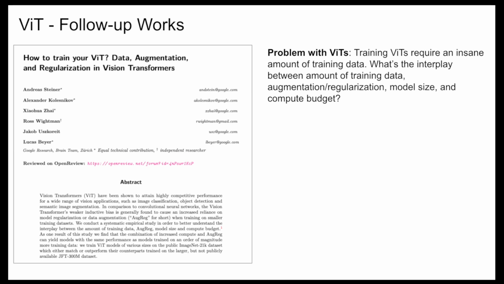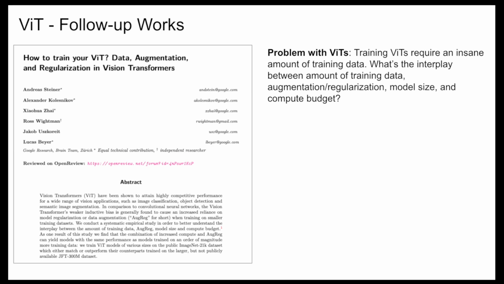Another cool paper that followed ViT is How to Train Your ViT? Data, Augmentation, and Regularization in Vision Transformers. I also read the abstract for this paper. Vision transformers have been shown to attain highly competitive performance for a wide range of vision applications such as image classification, object detection, and semantic image segmentation.